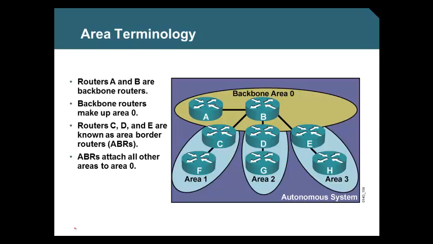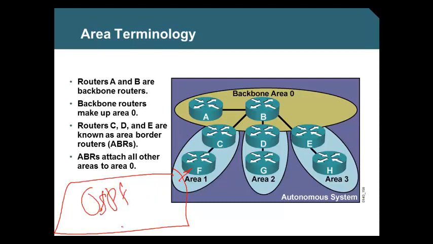Right? So all the external router networks, see, the networks coming from another autonomous system. It may be another OSPF, it may be EIGRP, maybe the ISIS protocol, whatever.